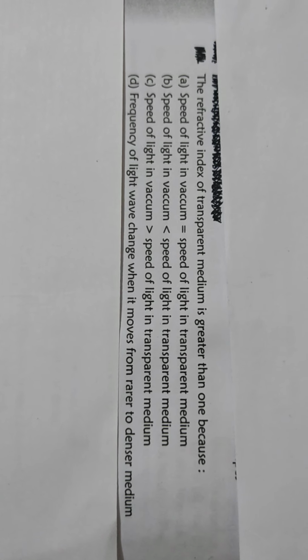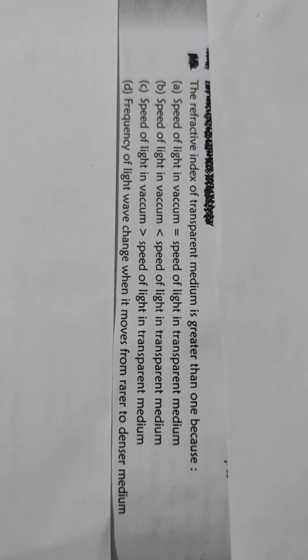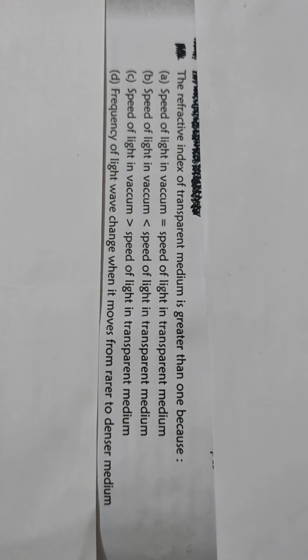So this ratio will be greater than 1 as the numerator is greater than the denominator. So as c is greater than v, n will be greater than 1. So we can see that option C, where it is written that the speed of light in vacuum is greater than the speed of light in a transparent medium, is the correct answer.